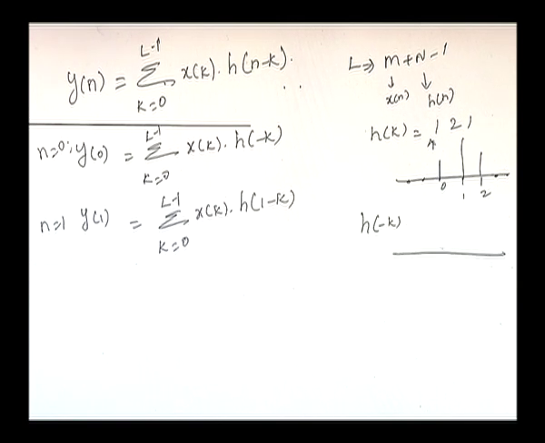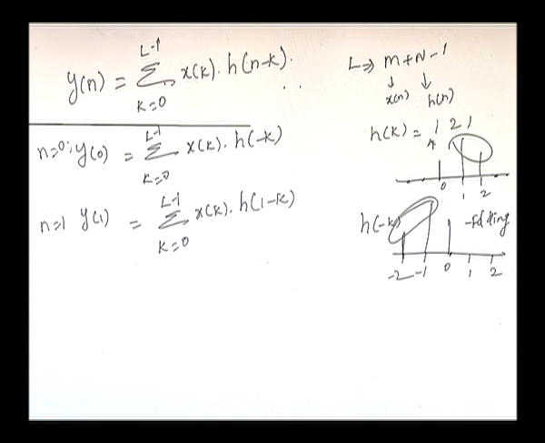With respect to 0 we have to fold the signal. At 0 the magnitude value is 1, for 1 it becomes minus 1, for 2 it becomes minus 2. So, the right hand side signal becomes the left hand side. This process of generating h of minus k is named folding.